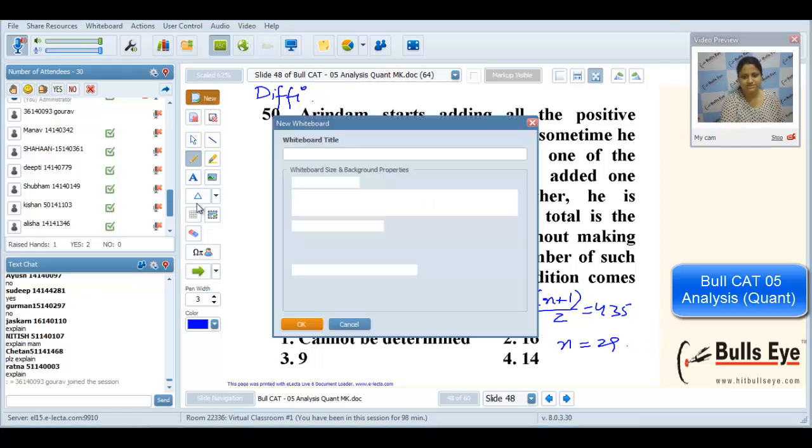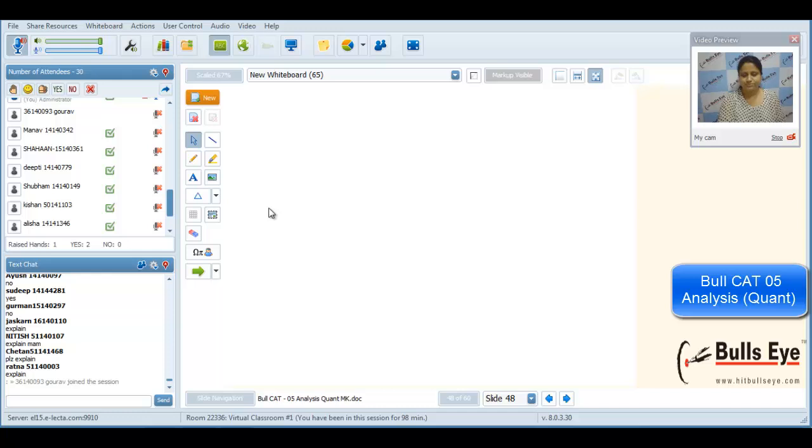Now come to the concept of this question. See, the question says you are writing some numbers and you have written one number thrice and you have skipped one number, and you are getting the correct sum. How many such combinations are possible? This is the question. I'm taking a smaller example.